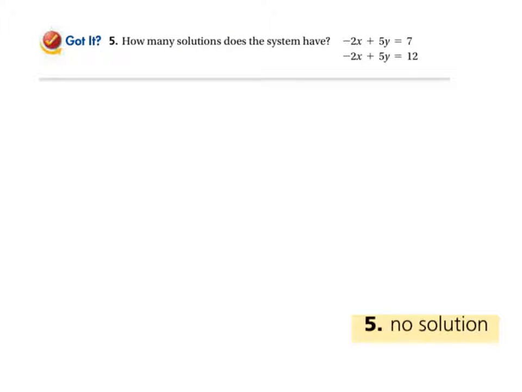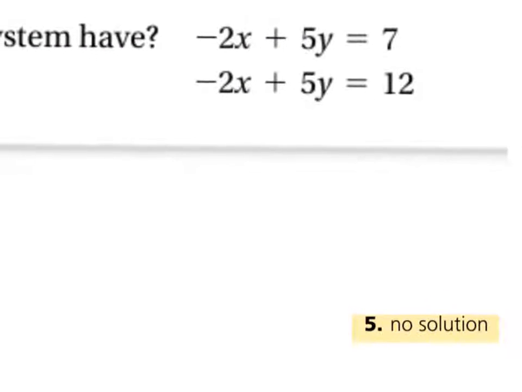So here we have these two, and if you happen to notice, these are in standard form, and that the negative 2x plus 5y is the same in both, but they have different constants on the other side. That means those are parallel lines, which means that there's no solution, right? But if you didn't notice that, let's say you decide to go ahead and try to subtract these two.